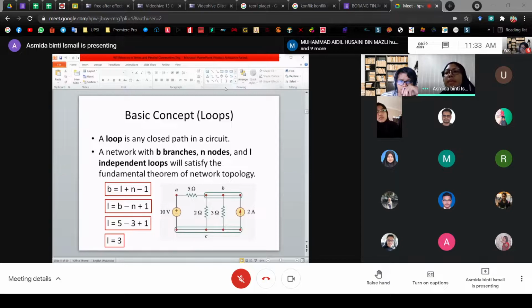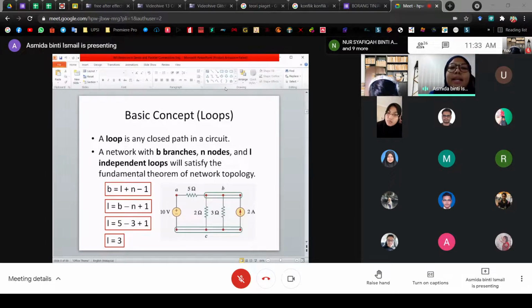Loops. Okay, loops adalah bahasa Melayu dia gelung. A loop is any closed path in the circuit. Close. What is close mean? Means that like this. Okay, this is a closed path.